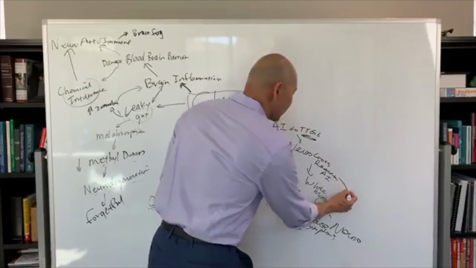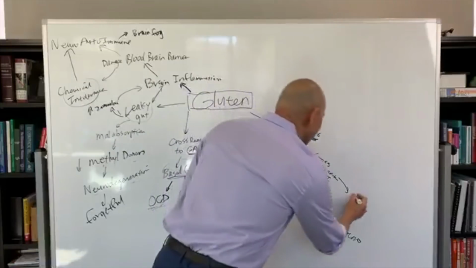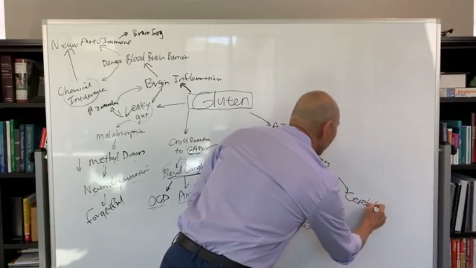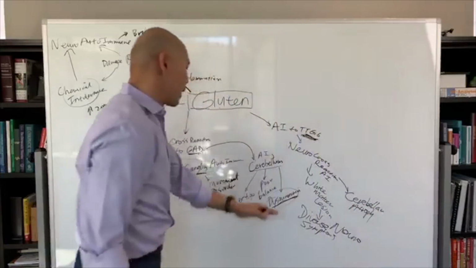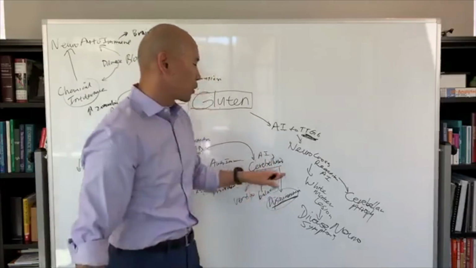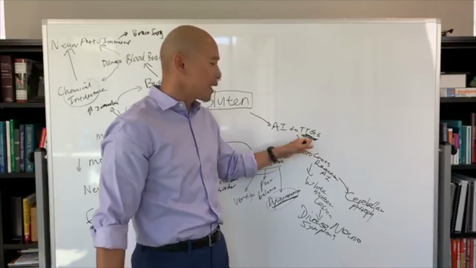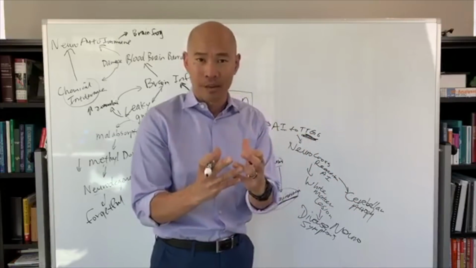Now, another thing that this tissue transglutaminase 6 can implicate is that it can cause cerebellar atrophy. The cerebellum, again, is the part of the brain that controls balance and coordination. So this marker, when it's positive, can indicate that that part of the brain is actually degenerating. It's atrophying.